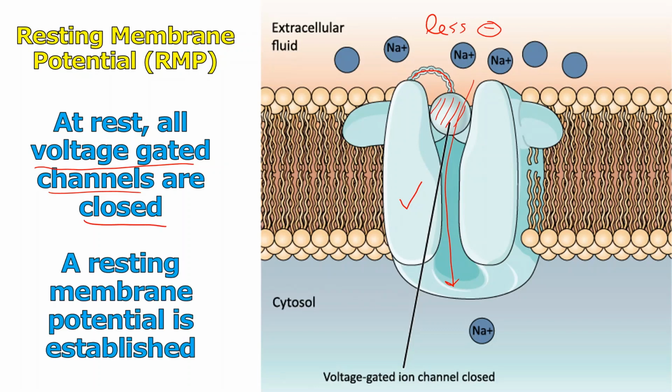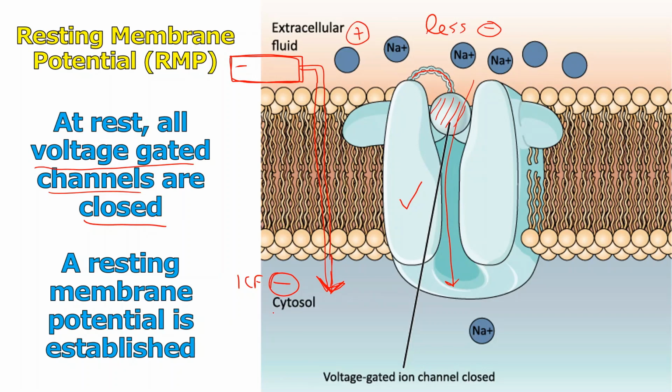We have established then this resting membrane potential. And if I could put a voltmeter, some sort of device that measures voltage, and jab it into a cell membrane just like this, as has been done many times in many labs, it would read negative, because remember, it's more negative on the inside, on the ICF side, than it is on the ECF side, which is more positive.